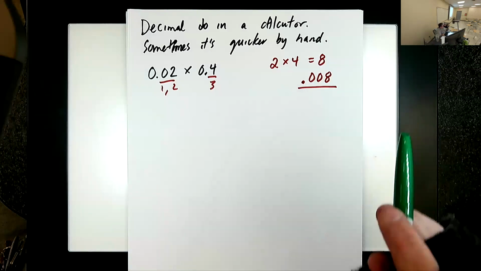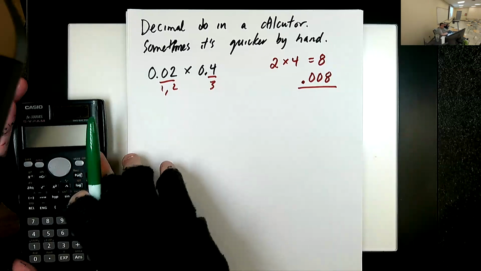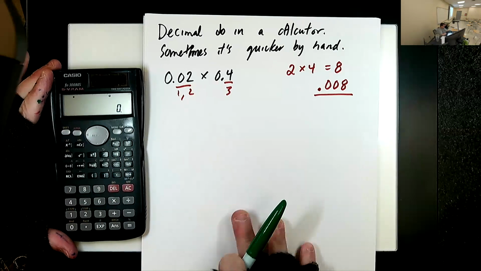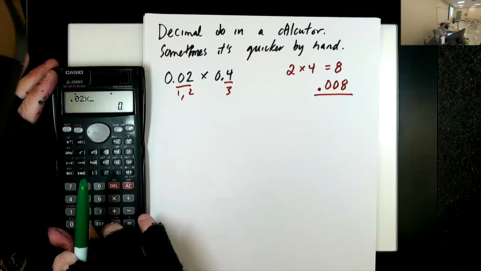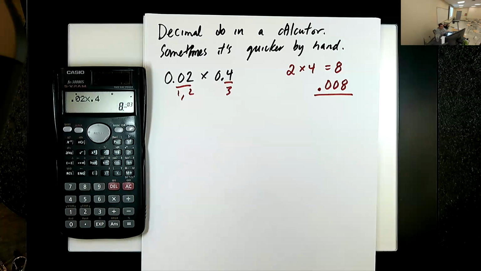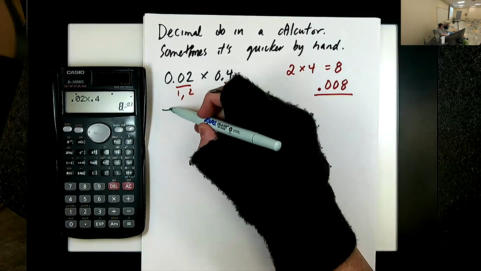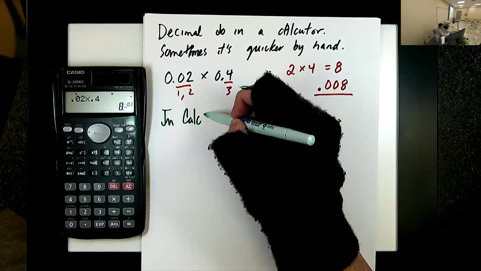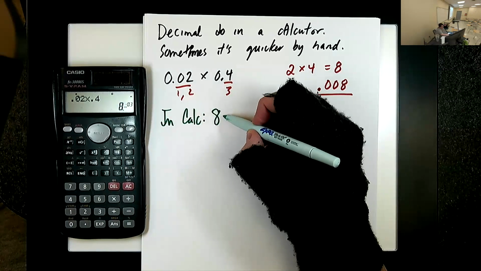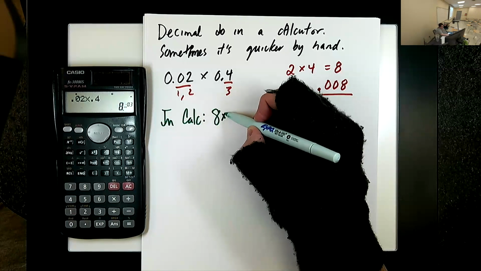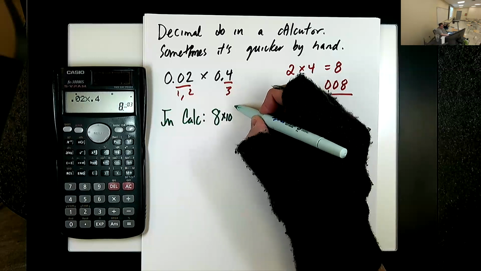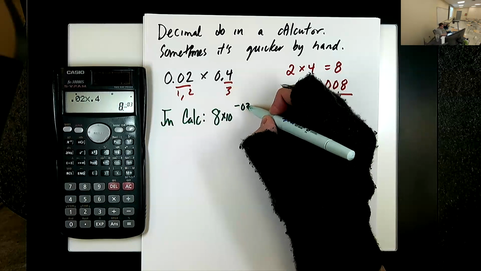I'm going to show you what happens when I do this in my calculator. In the calculator, I get an X10 like this, really small, and that says -03.